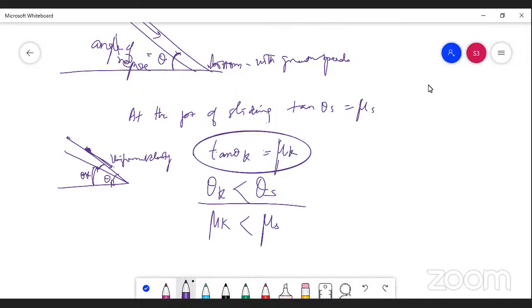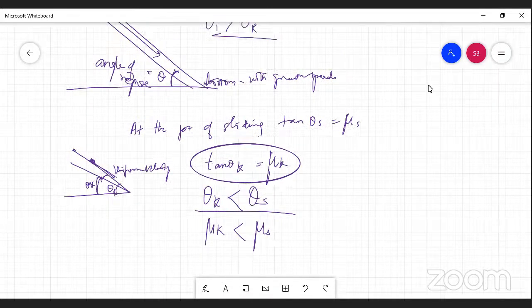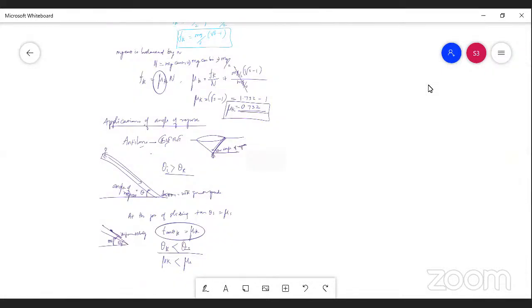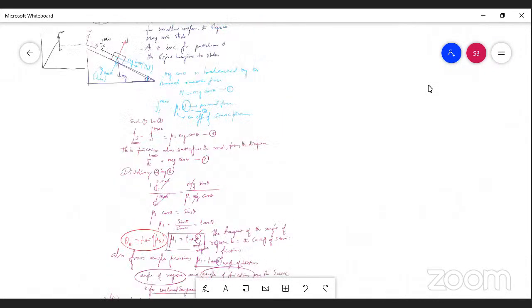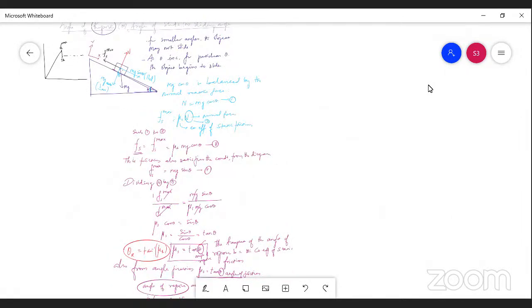About angle of repose. If you look at the diagram, once again, you can see here, an object is placed over an inclined surface. This inclined surface is making an angle theta with the horizontal.